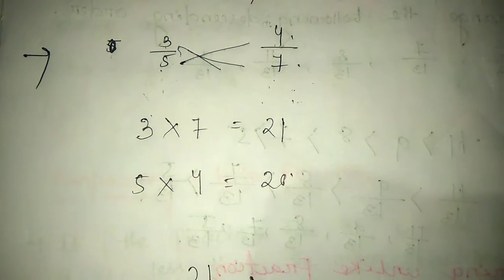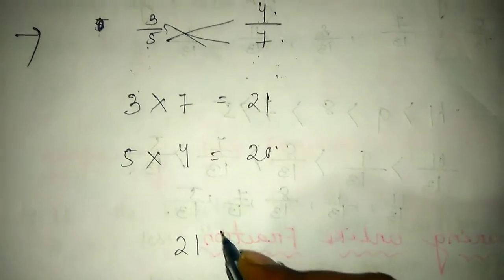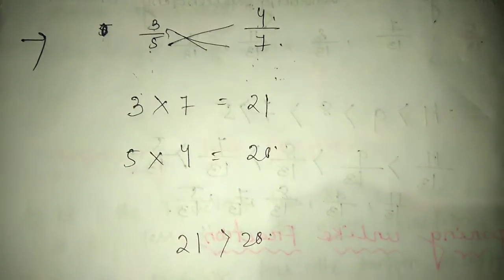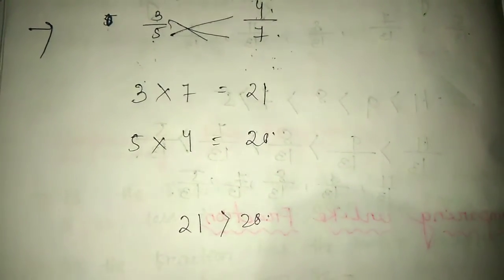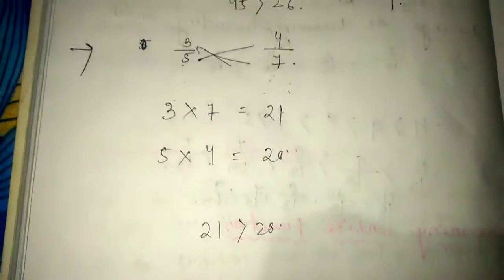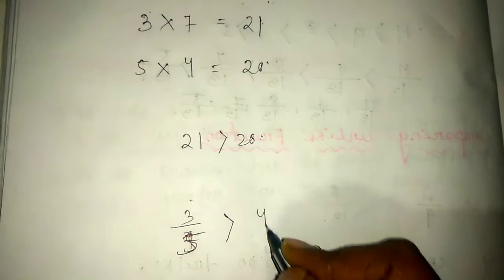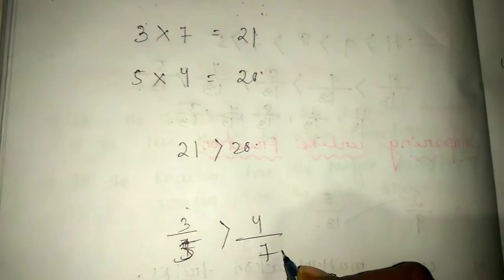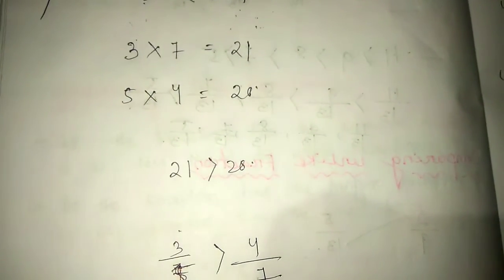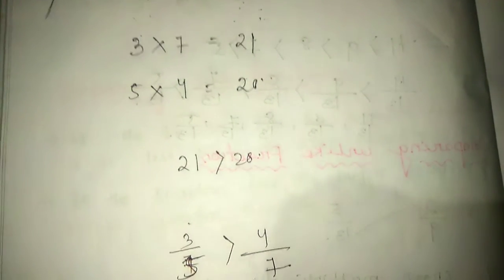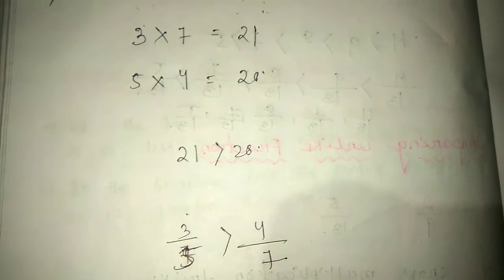Here 21 is greater than 20. So here 3 by 5 is greater than 4 by 7. So you have understood how to compare like fractions and unlike fractions.